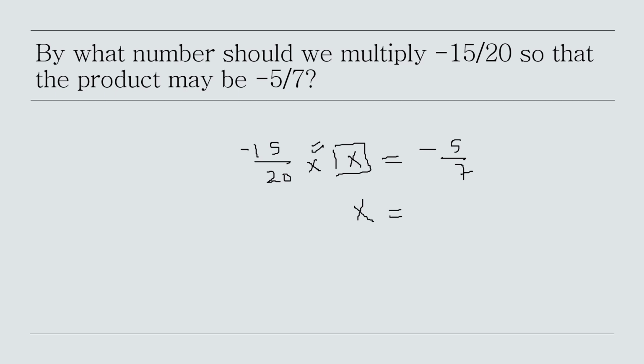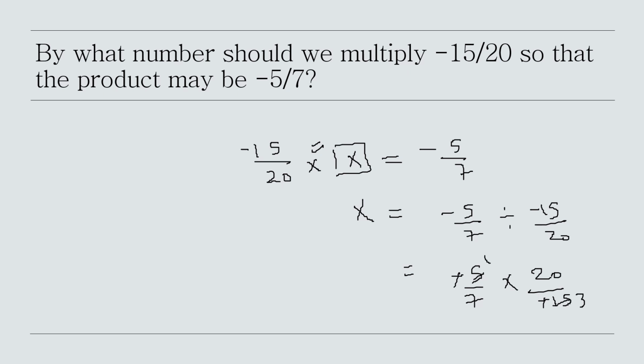This multiply with will go on to the right hand side in division form, yes or no? Because we do transpose: from plus it goes to negative, then multiplication to division, division to multiplication, and so on. Now again, division has to be converted into multiplication. Minus gets cancelled. 5 ones are 5, 5 threes are 15, so 20 ones are 20, 7 threes are 21. Is it fine?